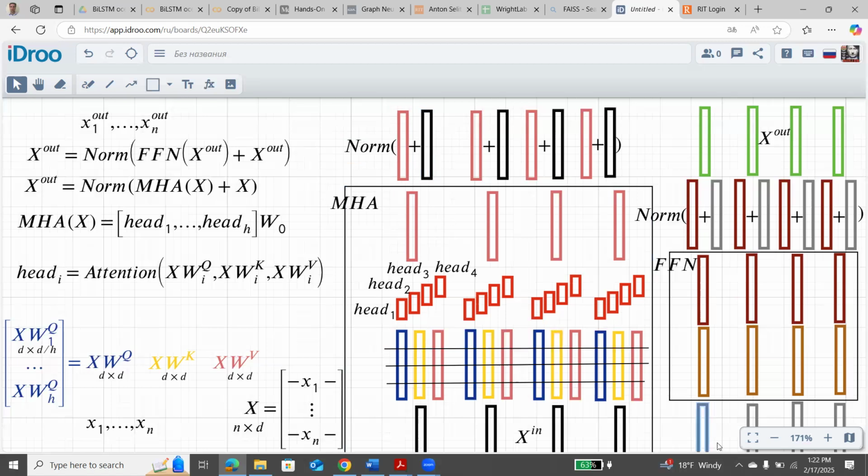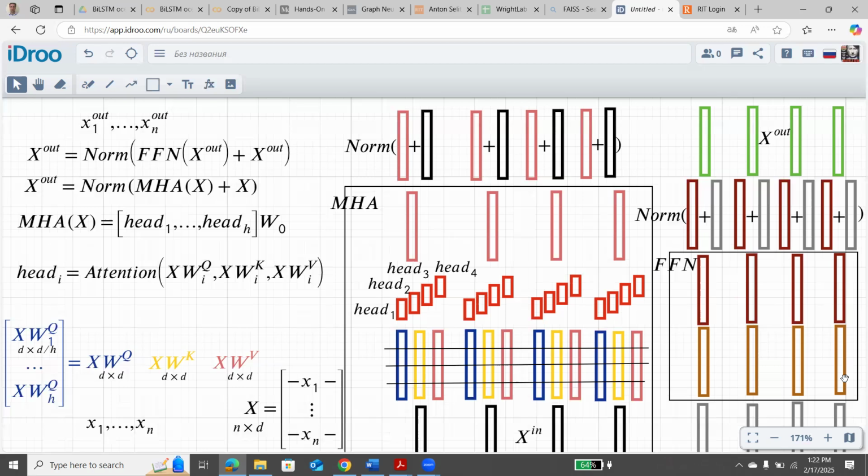So after that, we pass this output through 2 linear layers, which is called a feed-forward network, or the same as a multilayer perceptron. Sometimes people call this a feed-forward neural network, sometimes they call it MLP, multilayer perceptron. So it's just 2 linear layers.